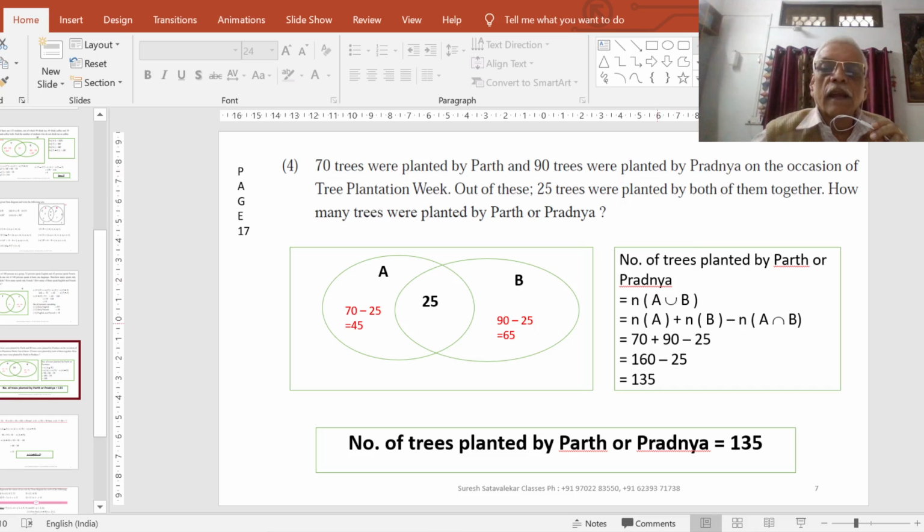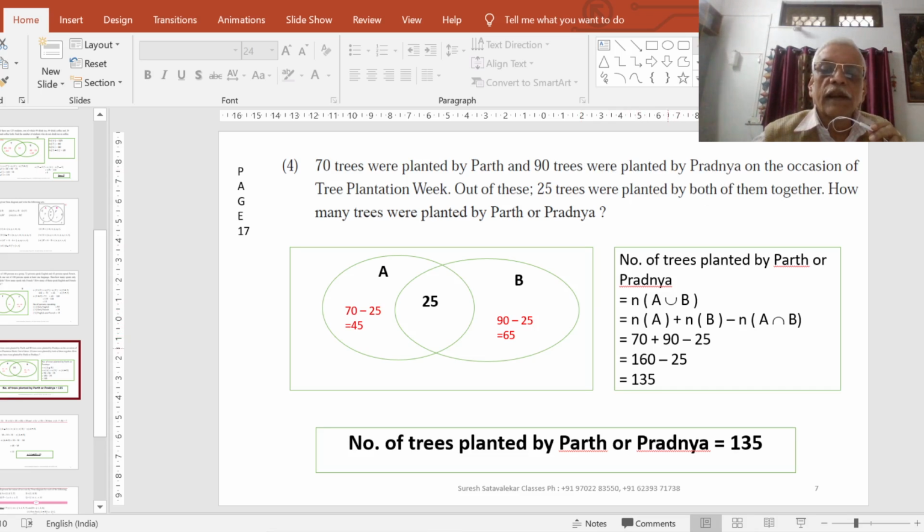Now here number of elements in A is 70 and number of elements in B is 90. 70 trees are planted by Partha and 90 trees are planted by Pradnya. So n(A) is 70, n(B) is 90 and common are 25, A and B.